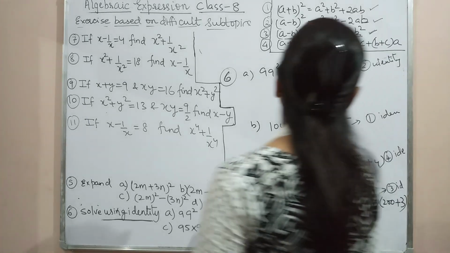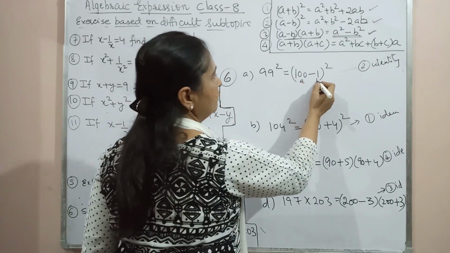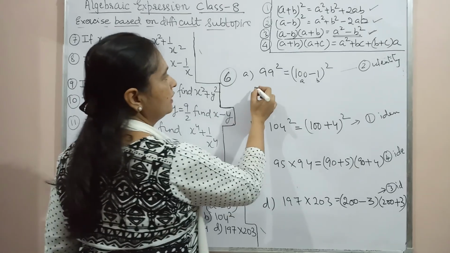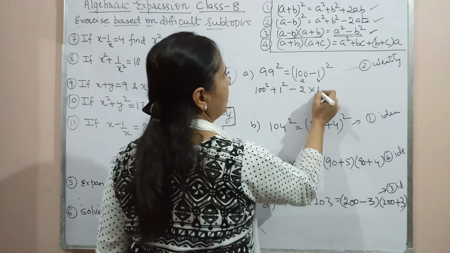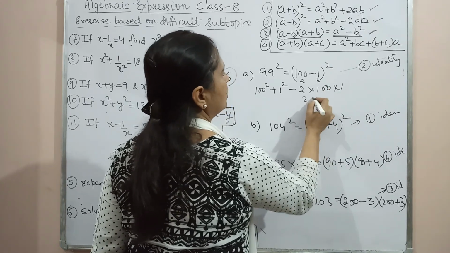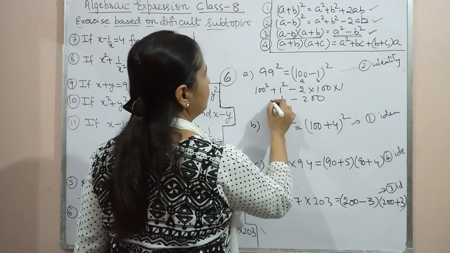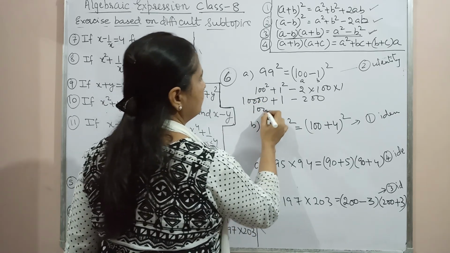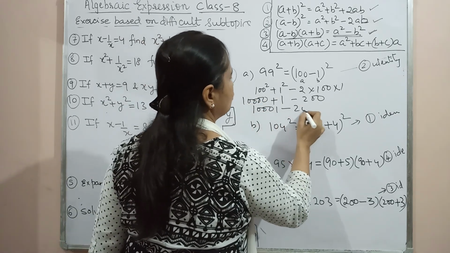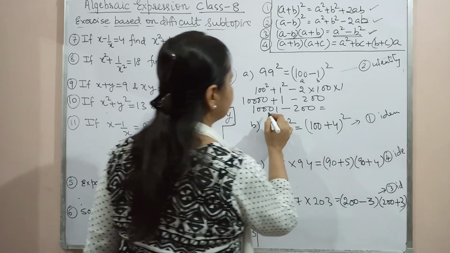Now how do we use it? Here we have a minus b. So what is a? It is 100, so 100 squared plus 1 squared minus 2 into 100 into 1. This is 200, this is 1 plus this is 4, so 1 minus 200 and you will solve this.